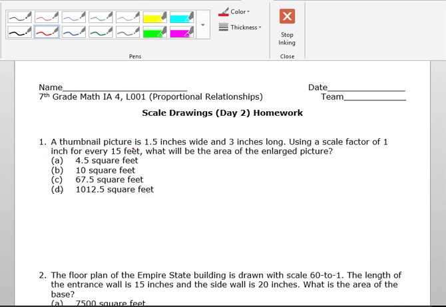A thumbnail picture is 1.5 inches wide and 3 inches long. Using a scale factor of 1 inch for every 15 feet, what will be the area of the enlarged picture?